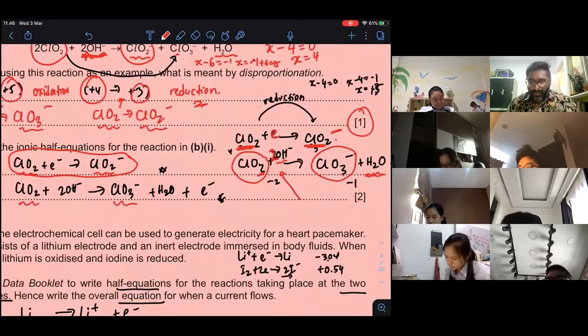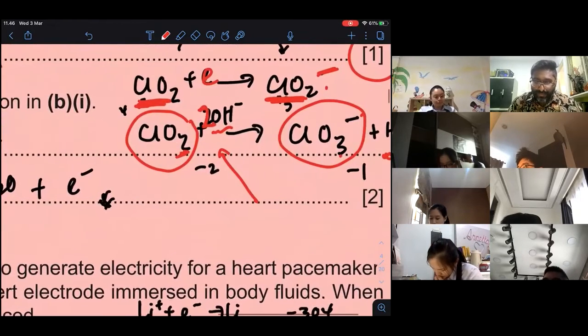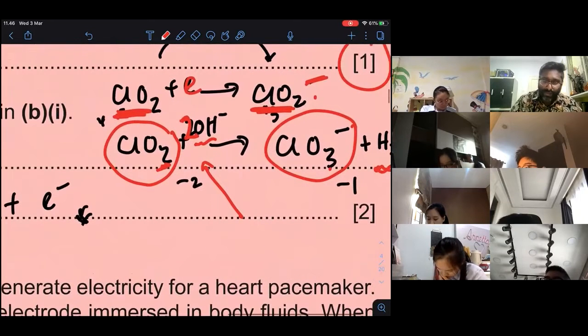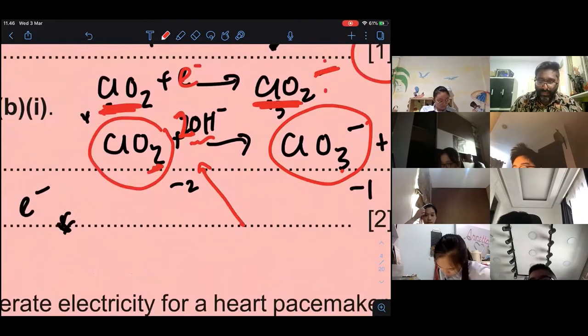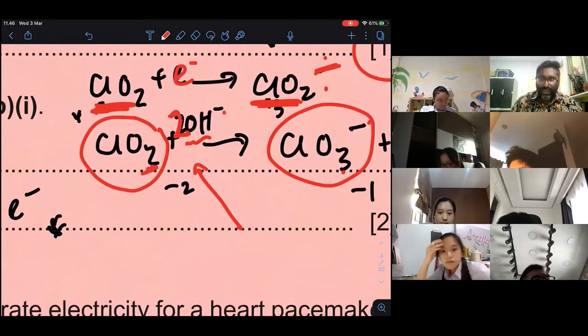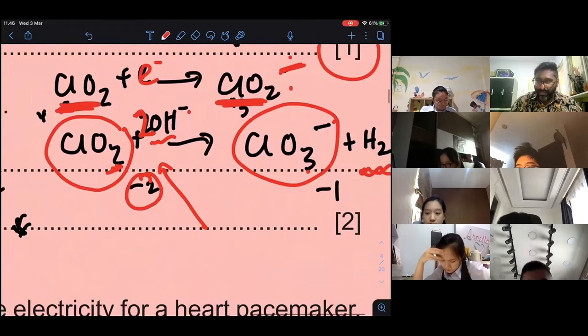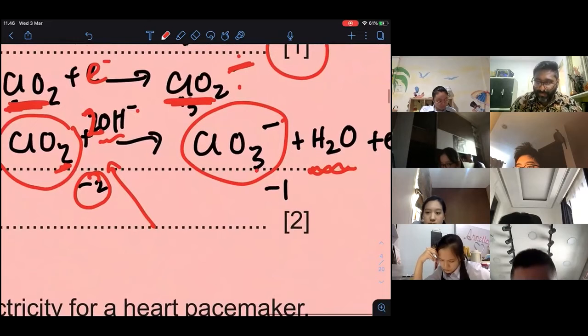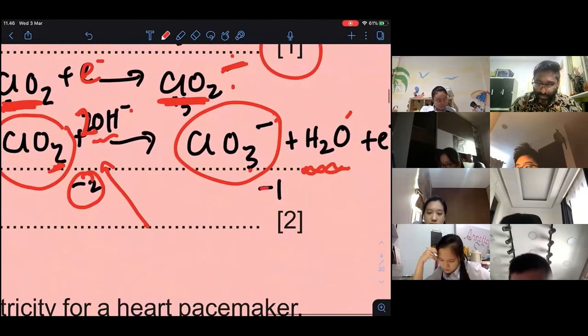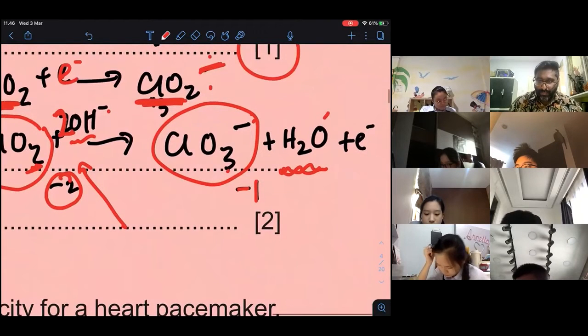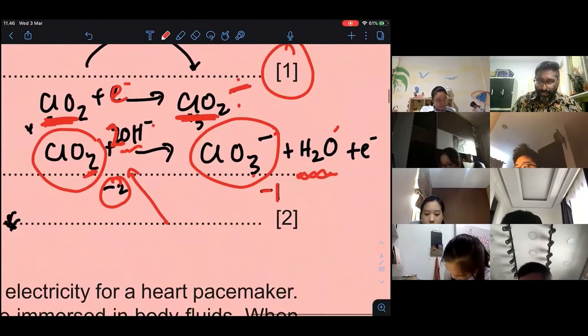So the only thing that I need to balance now is the charges. In the first equation, the charge is -1, it's okay. But the charge over here is 2 negative, so -2 on my left hand side. The charge on my right hand side is 0, plus -1, so this is -1. I need to make sure the charge on my left and right is the same.